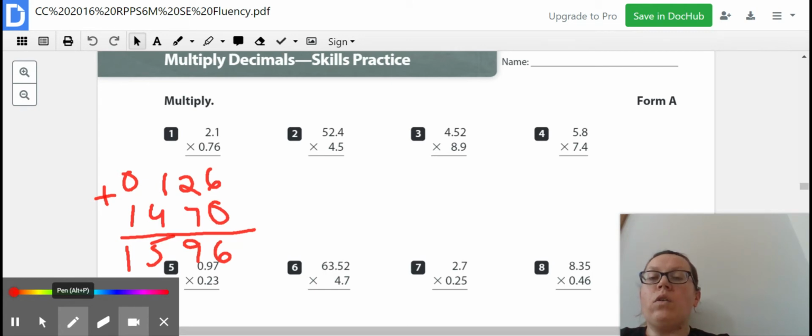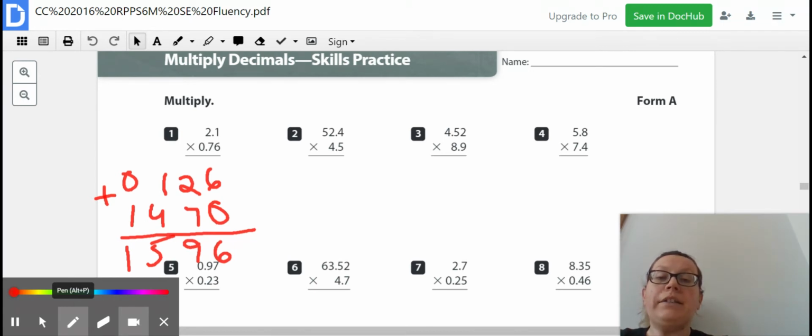And so what you have to do is take how many times the decimal was moved over in the first number and how many times the decimal was moved over in the second number, and add those two numbers together.